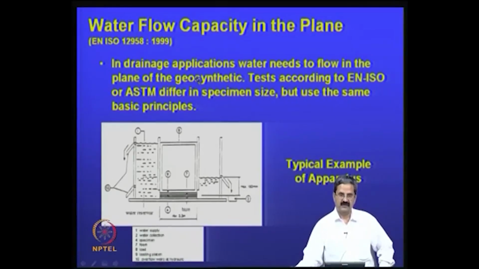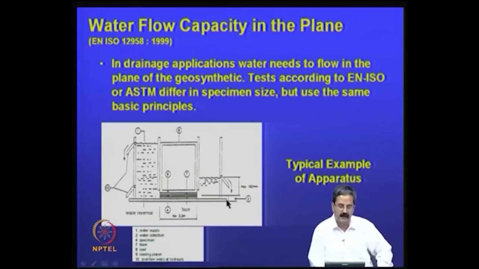There is another test which is called the in plane permeability test, as I just mentioned. A geosynthetic drain, we can call it, can work as a drain also, so you are trying to measure the drainage of this material. You have a simple setup that is fabricated here. Some of these tests can be fabricated in the lab also, following those standards.